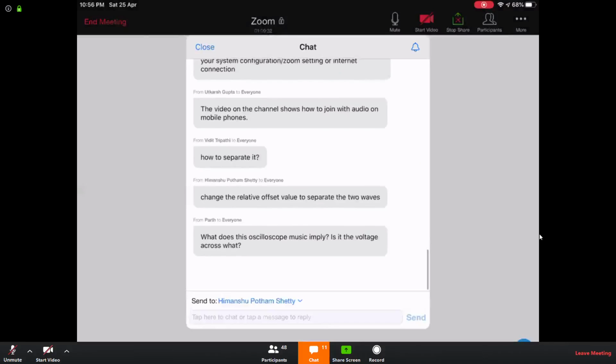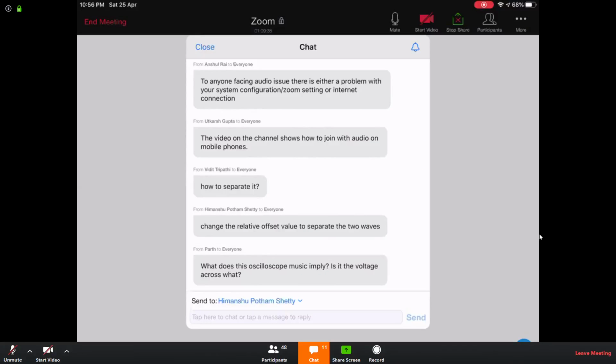Yeah, so Parth has asked what does this oscilloscope music imply, and is it the voltage across what? So we will go to oscilloscope music a bit later.